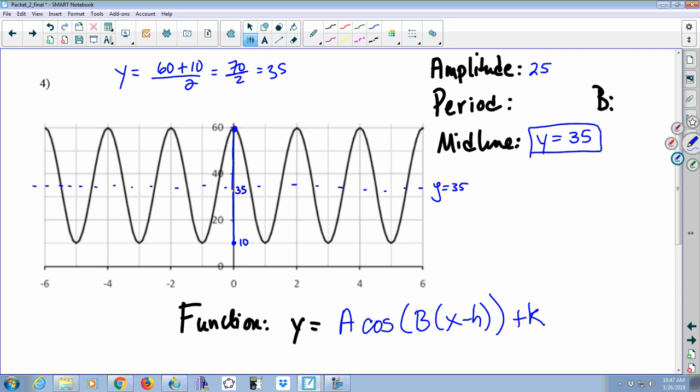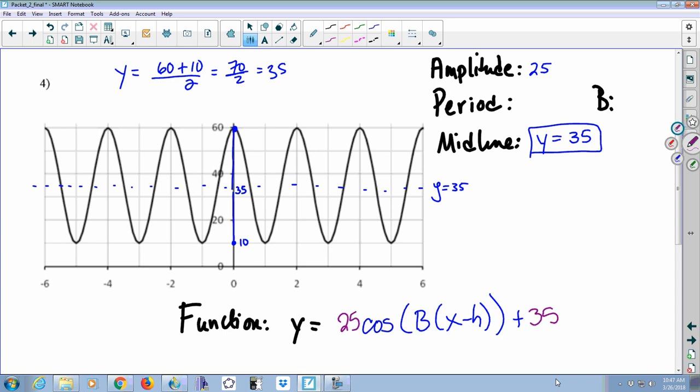All right, so we've already identified the amplitude right here as 25. We've already identified our midline, which is just our vertical shift, because regular old parent function for cosine and sine has the y-axis. Now we're shifted up to 35. So this becomes your 35.